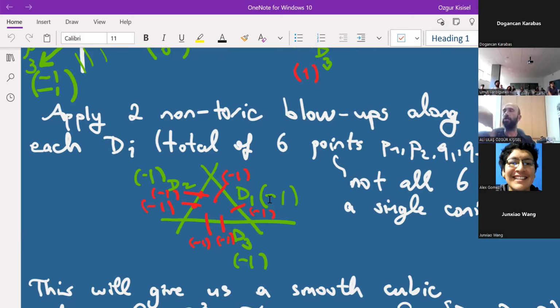Because the conic times the line, it could very well have 2 points, but that would be a special configuration. We don't want that. So we want these 6 points to be general in that sense.